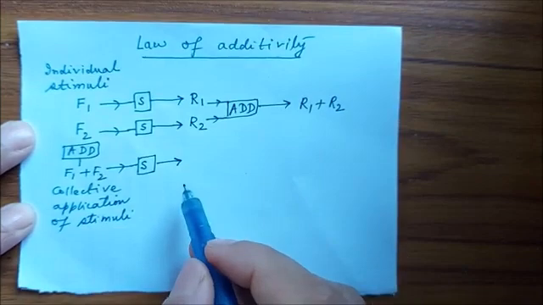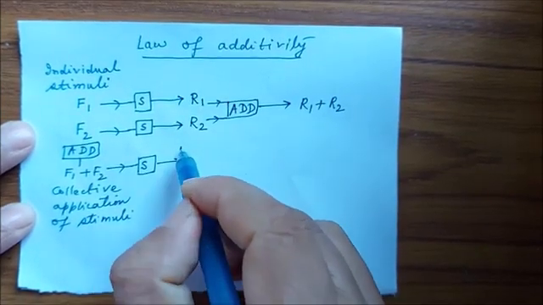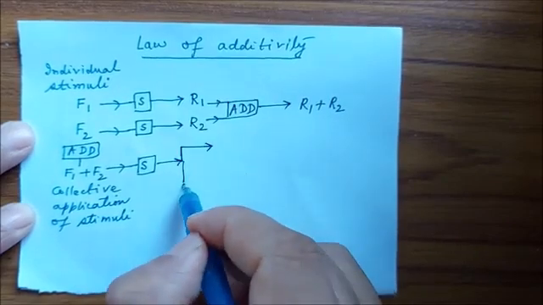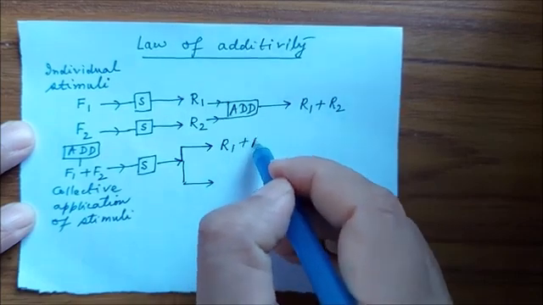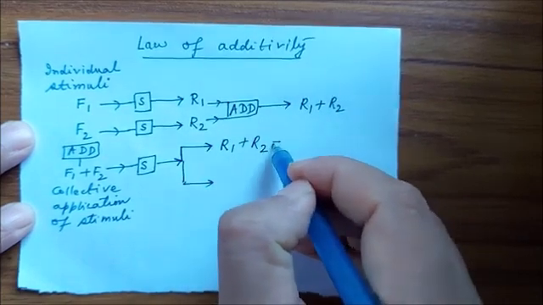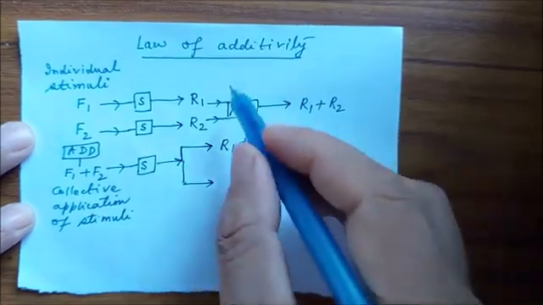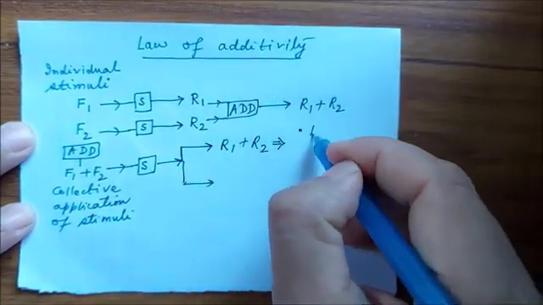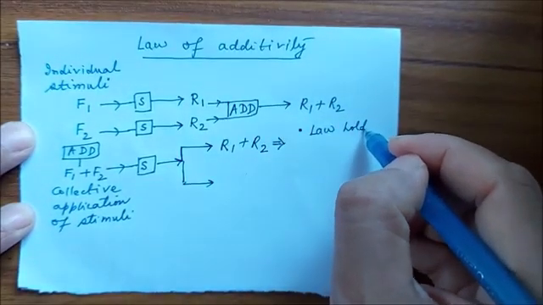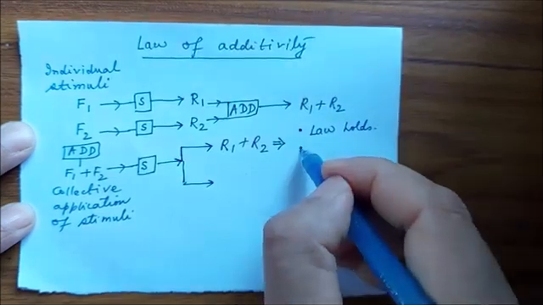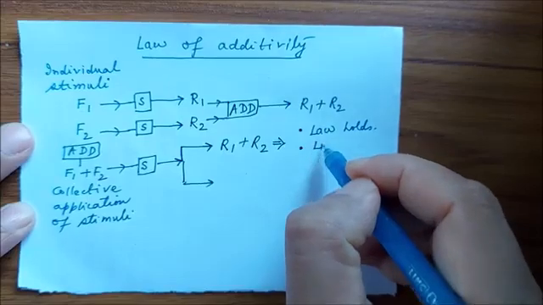Now what would we get? If we get the same R1 plus R2, then our conclusion will be, firstly, this law holds. The law of additivity holds. And the second conclusion will be that the system is linear.